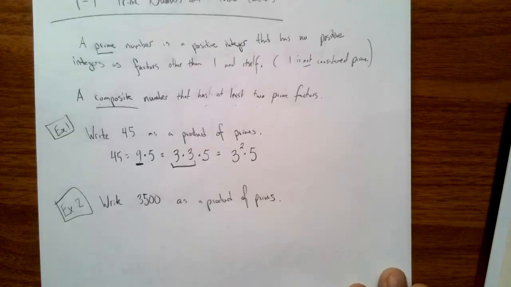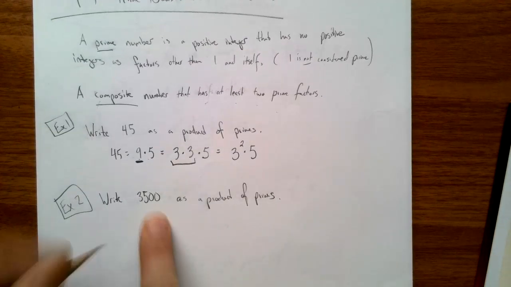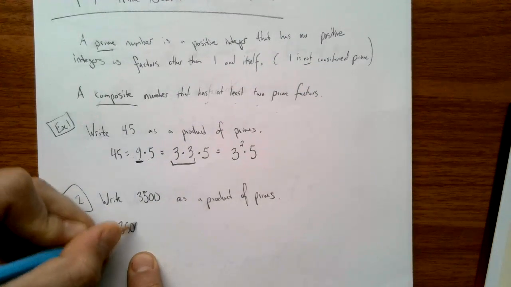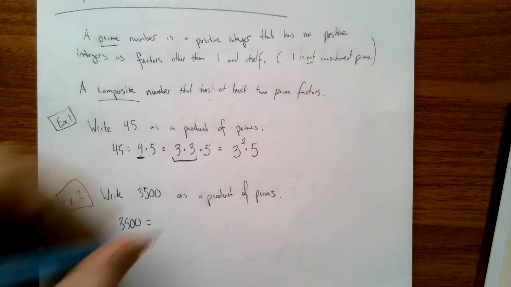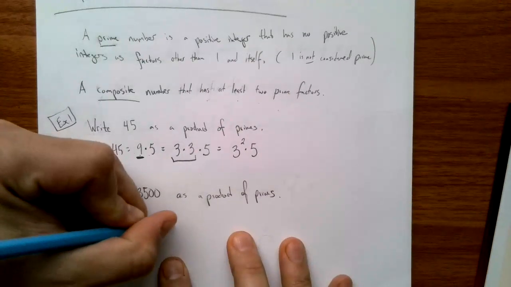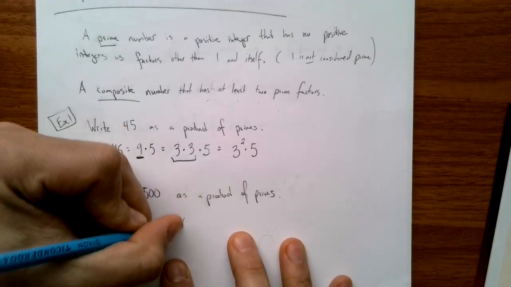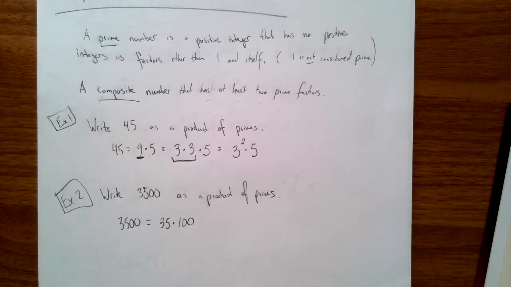Moving on, we're going to do the same thing with the number 3,500. I know this is a larger number here, but it does end in zeros. So we should be able to see that that is equal to 35 multiplied by 100.